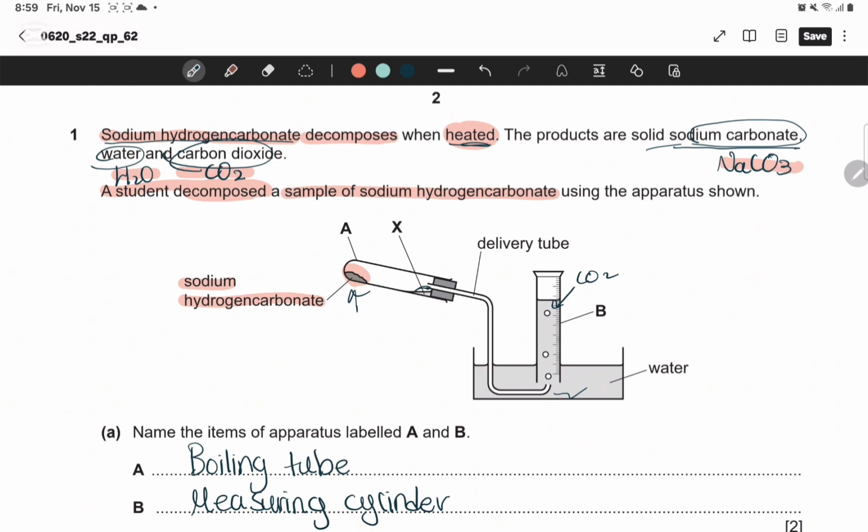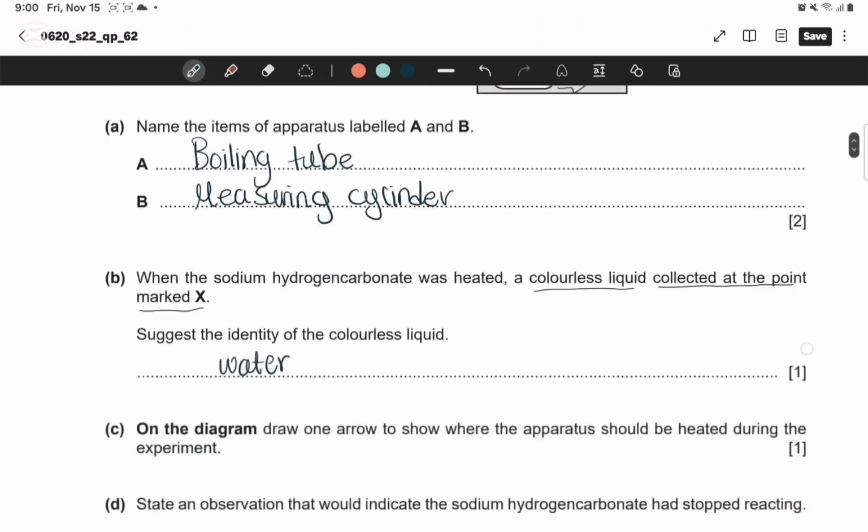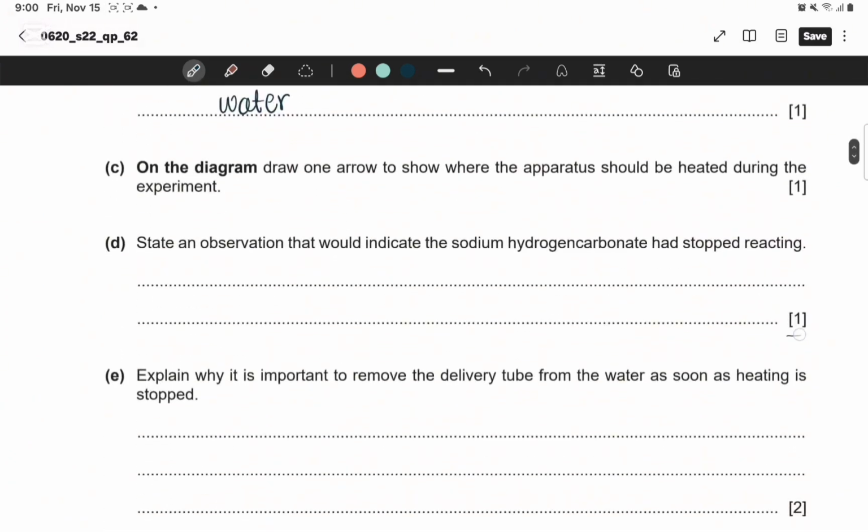So, of course, when all the sodium hydrogen carbonate has decomposed, there would be no more bubbles forming, right? Or the volume of the gas stops changing. It's only 1 mark, so we can say when no more bubbles form.